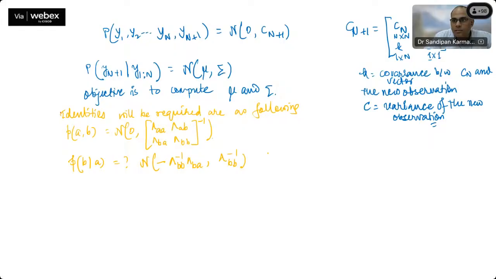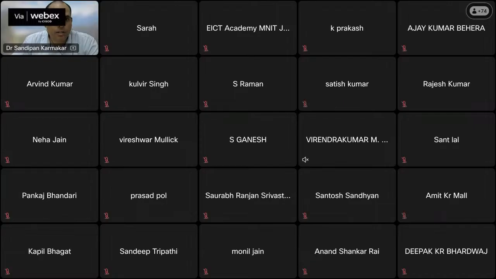Able to see gamma? Not able to see gamma? Okay, is it because of this color or because nothing is getting written? Let me share the screen once again.